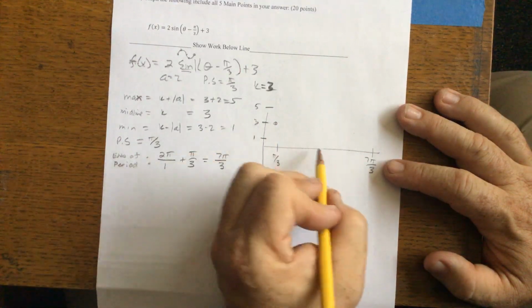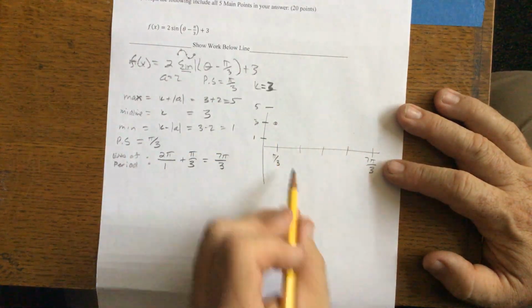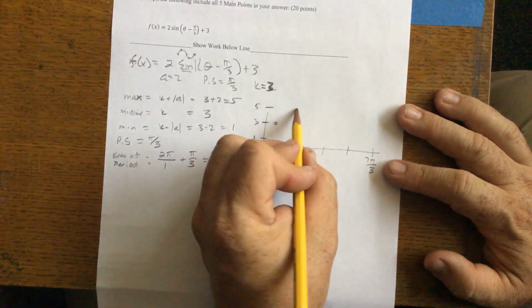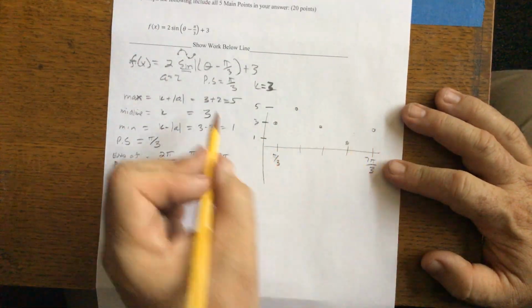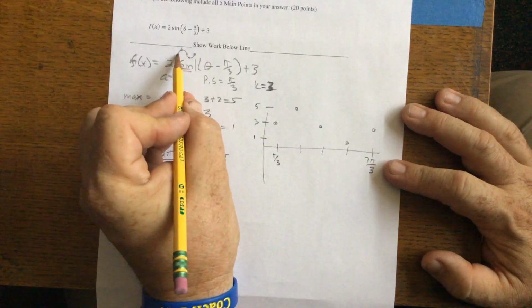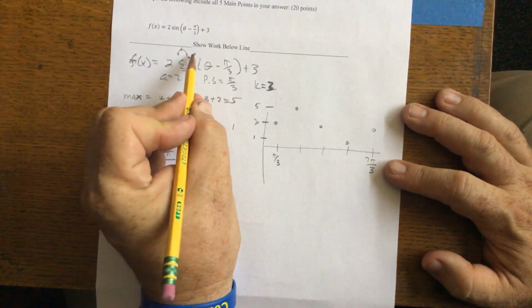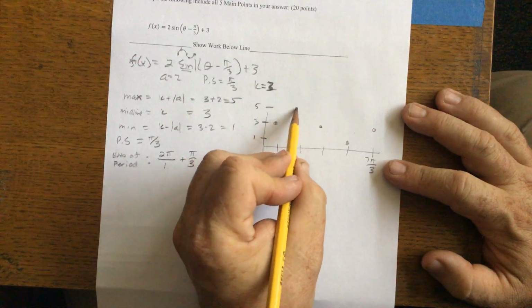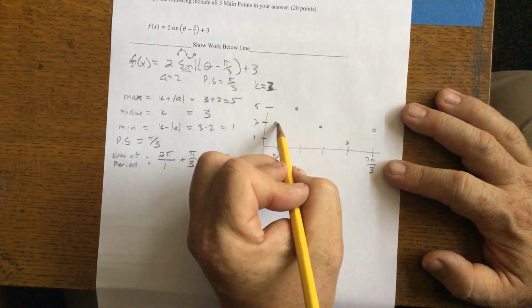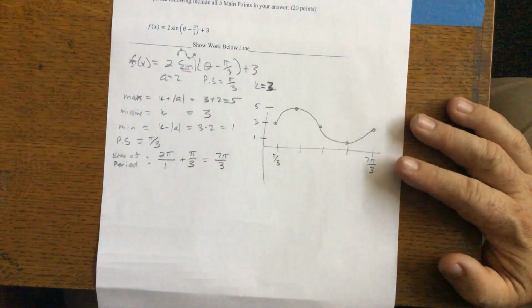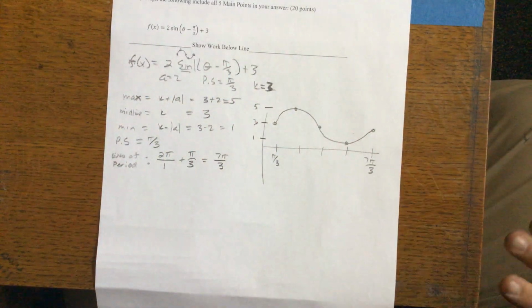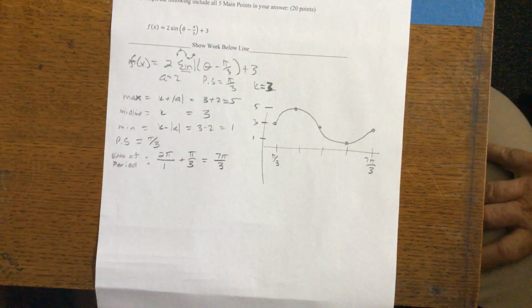This starts at the midline. Add my 3 other points, here, here, here, and here, just like I wrote them here. Mid, max, mid, min, mid. There we go. And that'll get you all the points you need for graphing the following.